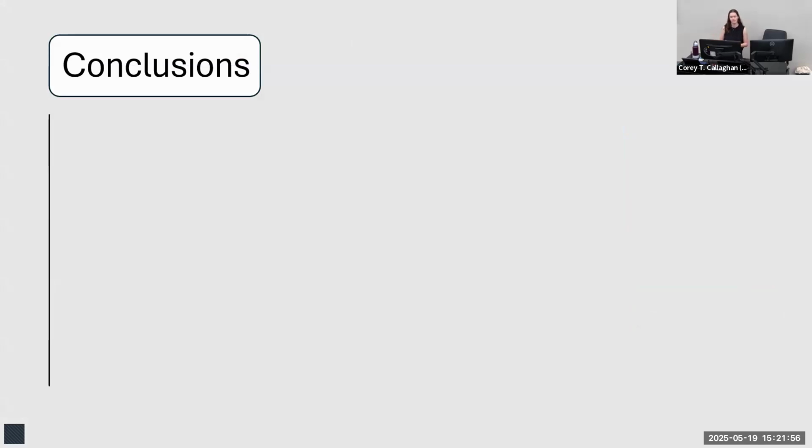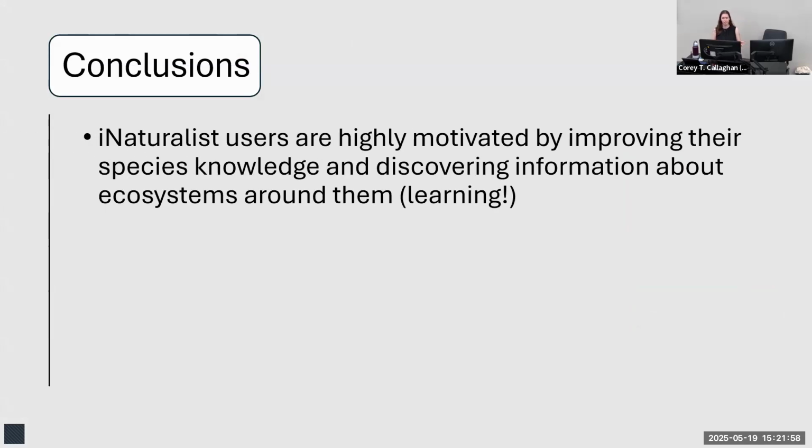And so the biggest takeaway from this research is that iNaturalist users are highly motivated by improving their species knowledge and discovering information about ecosystems around them, which is kind of a long-winded way of saying learning.